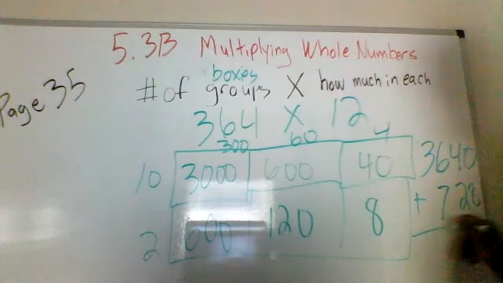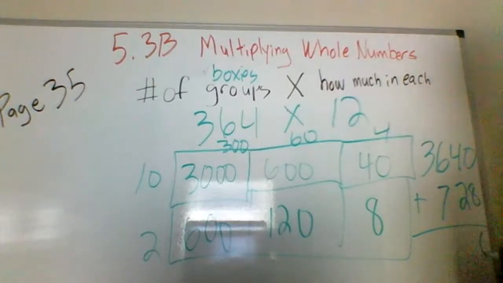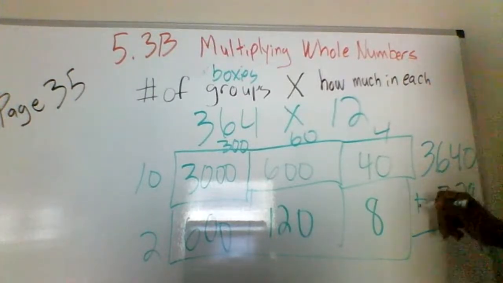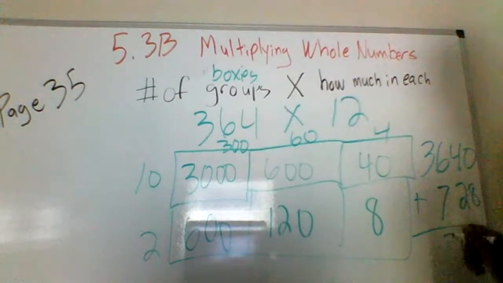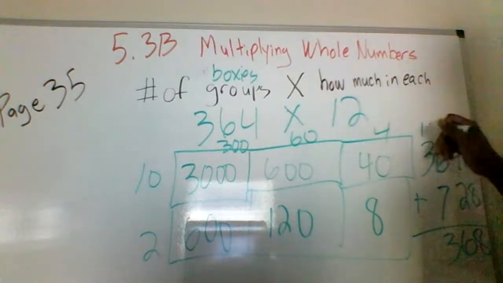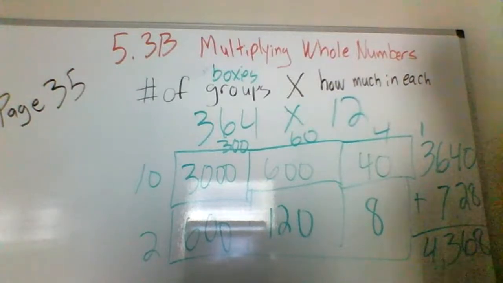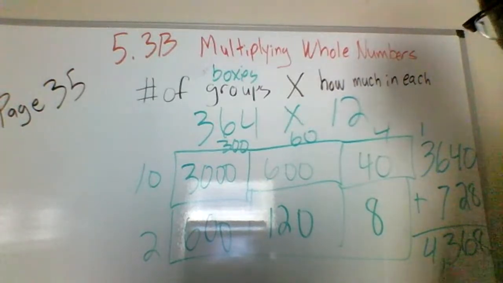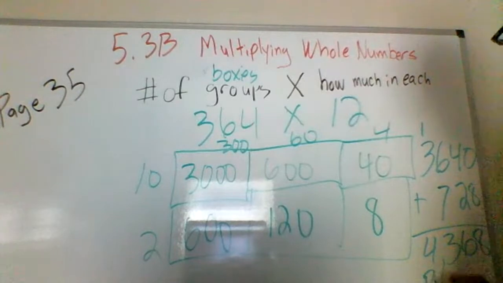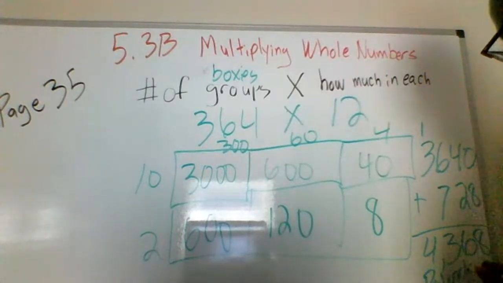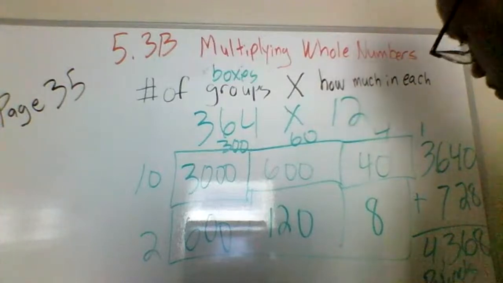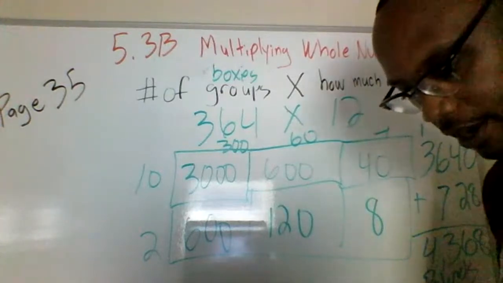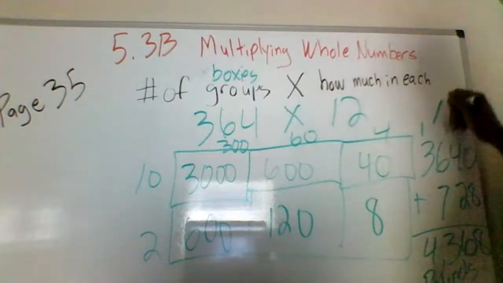So once I add them up, 0 plus 8 is 8. 4 plus 2 is 6. 6 plus 7 is 13. And 1 plus 3 is 4. 4,364 pounds. All right? Oh, 4,368 pounds, which is A.